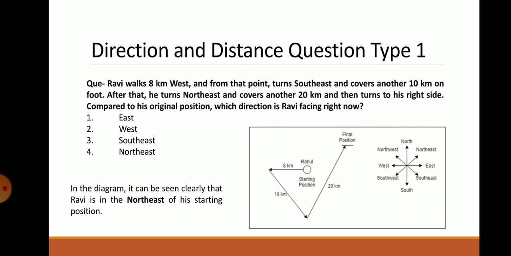So the initial position of Ravi is at the center suppose, and the final position is towards northeast. From that diagram you can clearly observe that Ravi is at the northeast from his starting position. So this is type number 1, in which only direction you have to tell, but for that you need to draw that diagram carefully so that you can tell the final position answer.